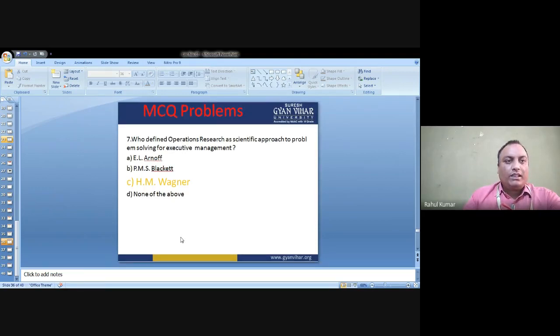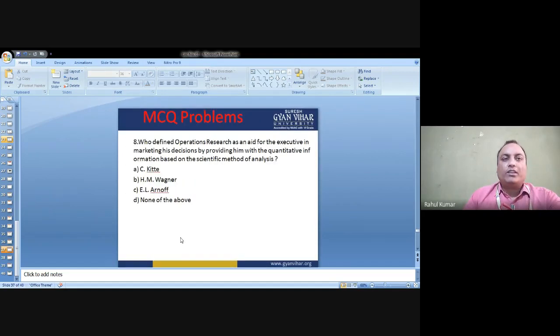And then move to the next MCQ problem. Who defined operations research as an aid for the executive in marketing, helping his decisions by providing him with quantitative information based on the scientific method of analysis? The options are C.K.T., H.M. Wagner, E.L. Arnoff, and none of the above.